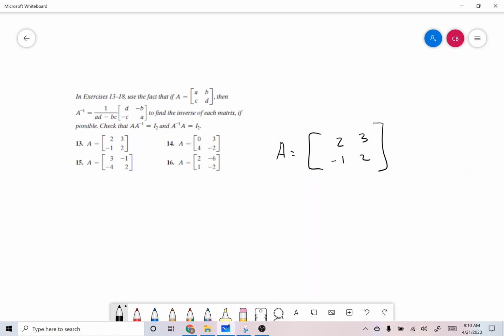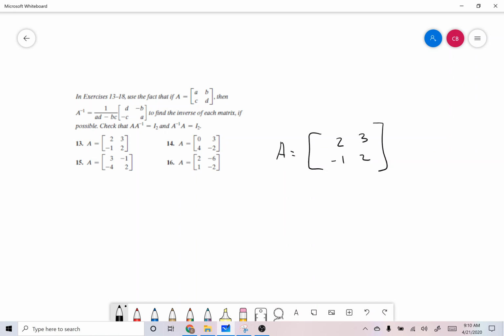Now, one thing to note, if the determinant is equal to 0, that's bad, because in this formula we're dividing by 0, and you can't divide by 0. So if the determinant's equal to 0, then matrix A is said to be not invertible. Okay, so you can't invert it if the determinant is 0. Not all matrices are invertible.